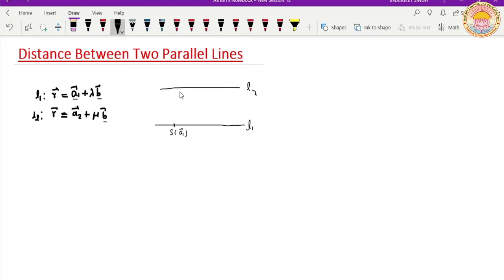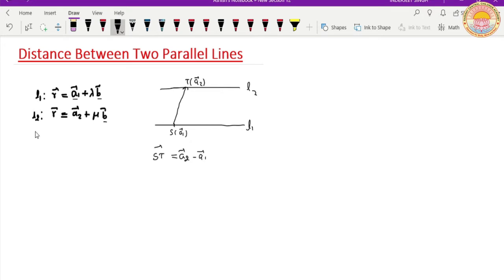And let the point through which line L2 is passing be point T, whose position vector is vector A2. Then if we join ST, vector ST is given by vector A2 minus vector A1. Clear?